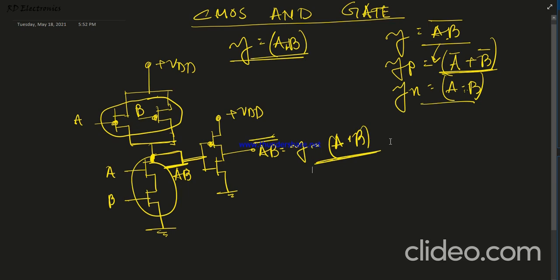Okay, so this is very important. One thing should be remembered: if in a CMOS logic circuit we design any logic in non-complemented form, then first we design the complemented form and then omit this complement by using an inverter circuit. This is the basic fundamental rule.